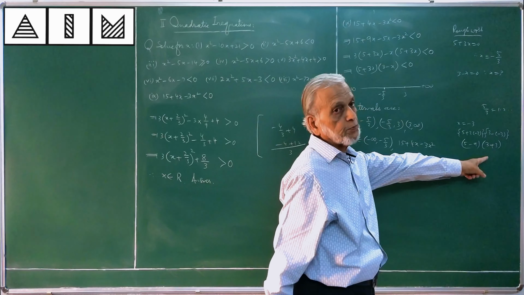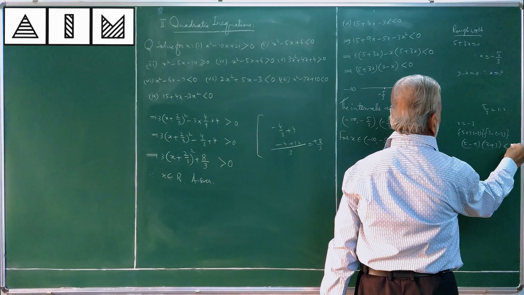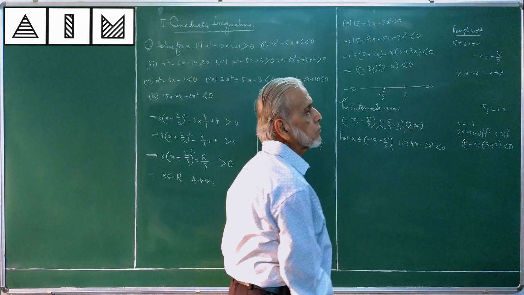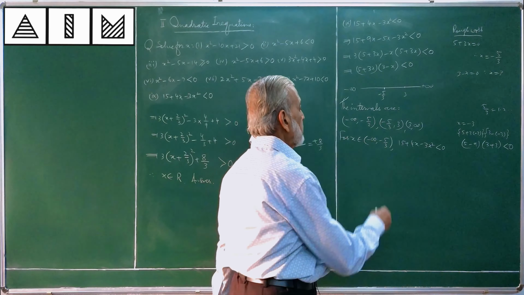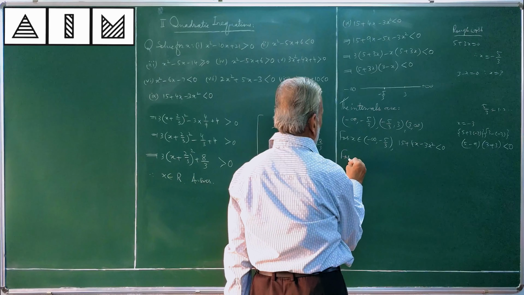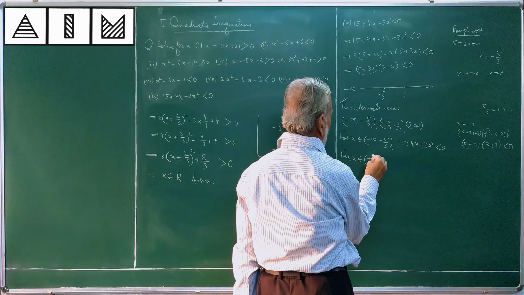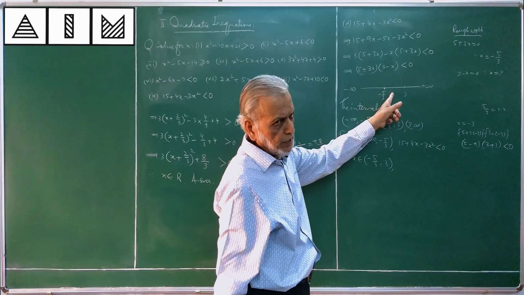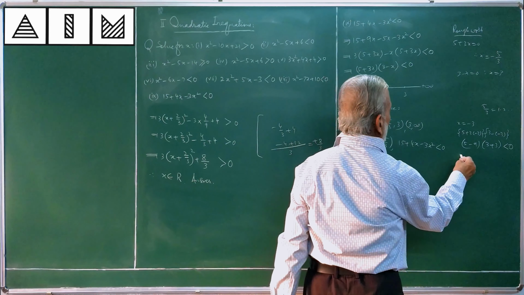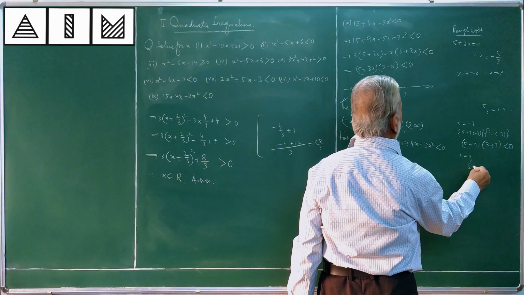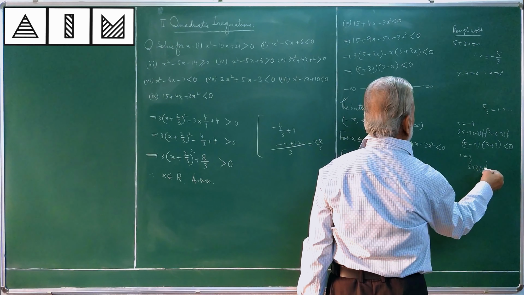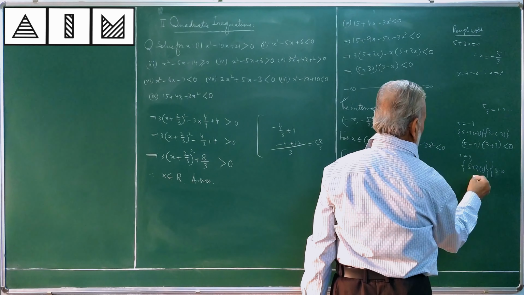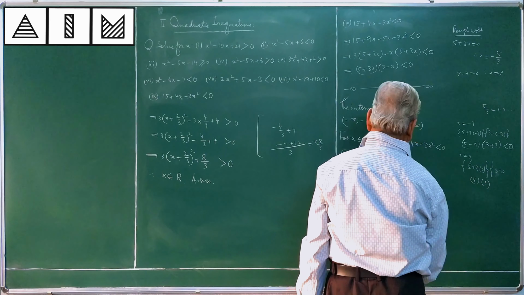This is minus 4, this is plus 6, giving you negative. Proceed. Next interval. In this interval 0 comes here, conveniently take 0. This is 5 into 3, positive.